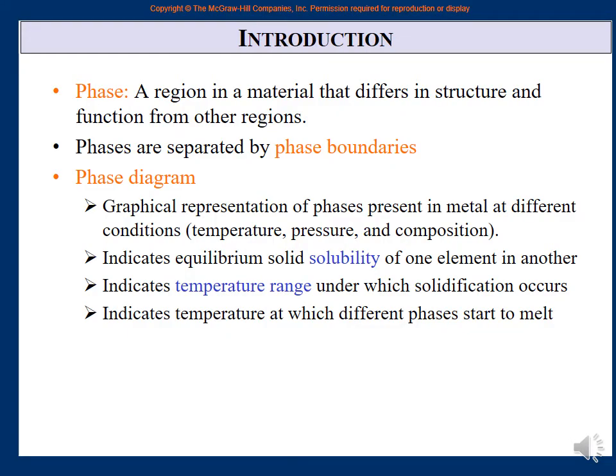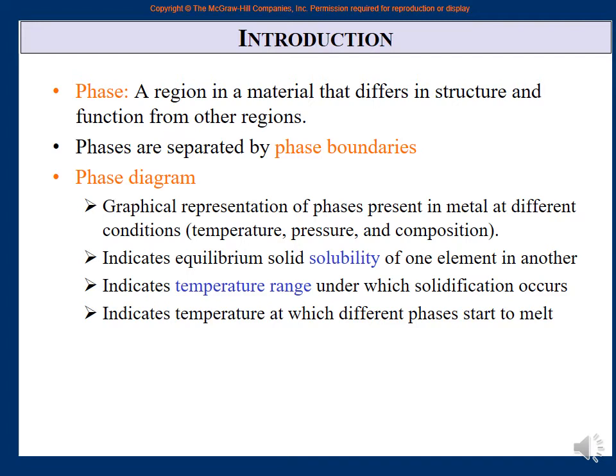Phase is a region in a material that differs in structure and function from other regions. And phases are separated by phase boundaries. You see, we are talking of phase and we are talking of phase boundaries. So if you go to like the crystal structure of a material, right, there is a piece of material, you keep on dividing it into smaller and smaller pieces.